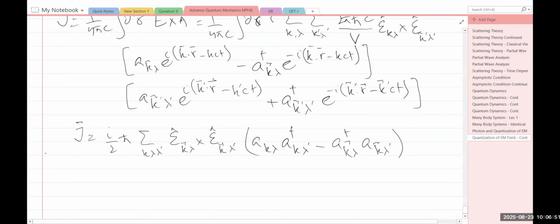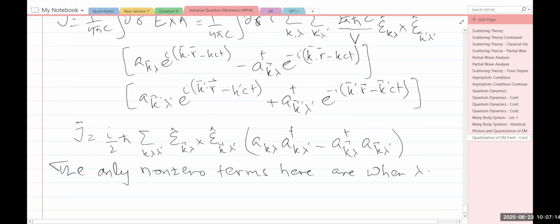And so the only non-zero terms here are when lambda is not equal to lambda prime.